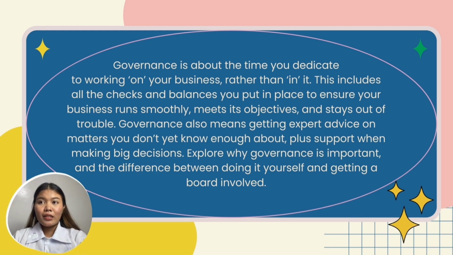So, this is why you need to explore why governance is important and the differences between doing it yourself and getting a board involved. As we all know, governance focuses on having the ability to manage and govern one's organization, wherein it is interconnected with ethical policies where the officials calculate how they will apply the best system of governance.